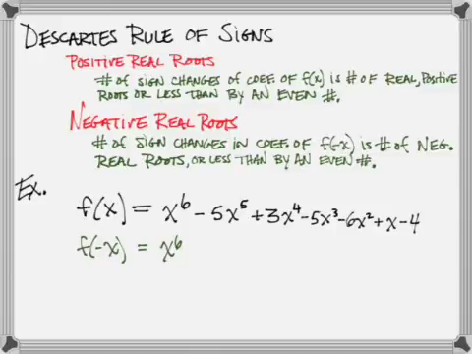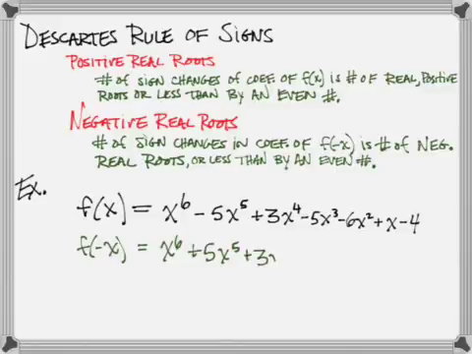If I put a negative number into x to the 6th power, is that going to change the sign of that value? No. An even exponent stays positive, right? If I put negative x into x to the 5th, what happens to this negative 5? It becomes plus 5. If I put negative x into this, do I change the sign of the 3?